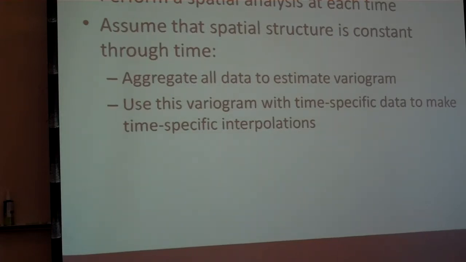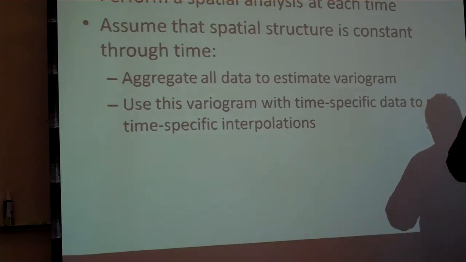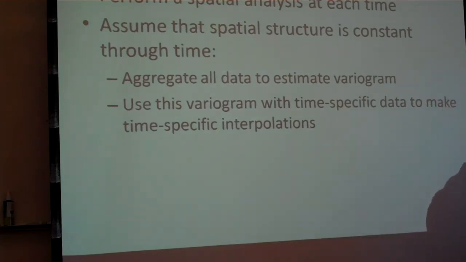In some sense, we're generating a series of observations of the spatial covariance at each time, and then we look at the means of those covariances, which is different than looking at the covariance among all pairs of observations across all time.